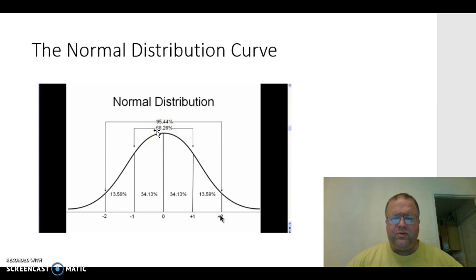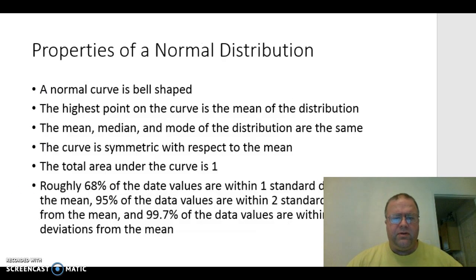And as you go to the left or to the right, the number of those scores will start to diminish until you get way down here where there's only a couple of people that got a 99 or 100, and way down here where there's only a couple of people that failed it.